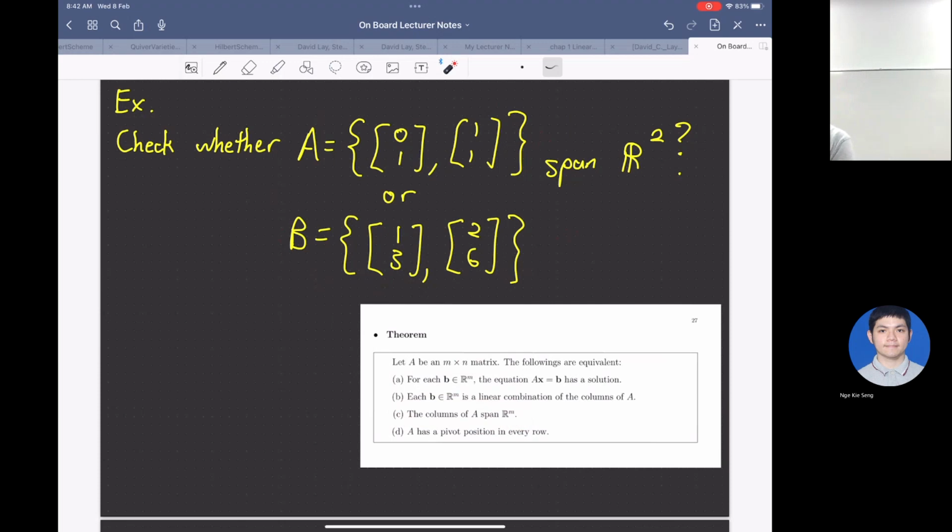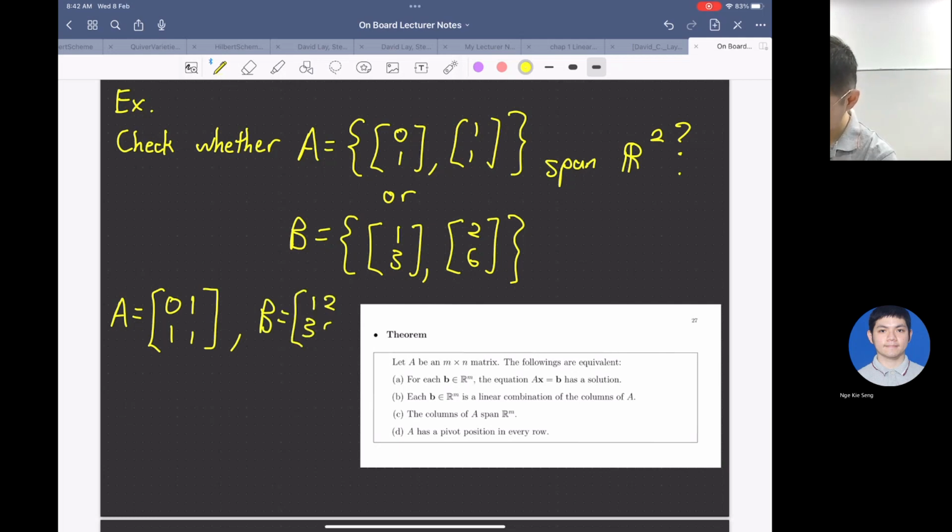So you have to make these vectors into the columns of your matrix. You can build two matrices out of these two sets. One you get 0, 1, 1, 1, and the other one you get 1, 3, 2, 6. So this is the matrix you get.